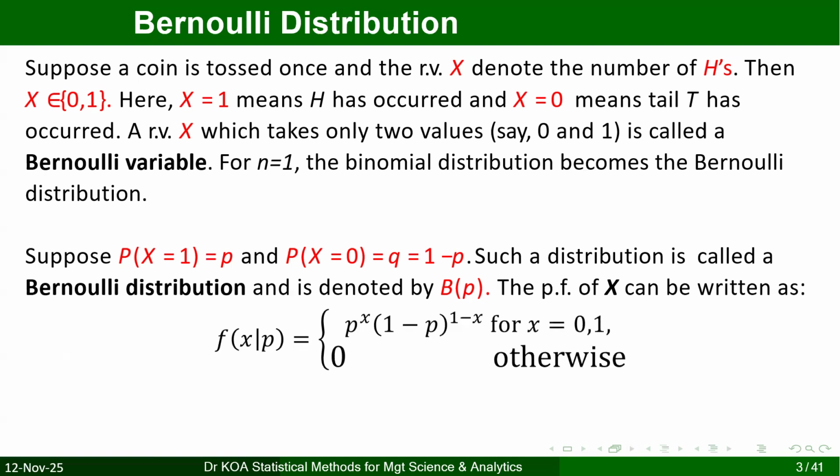Now, the probability function of any random variable for a Bernoulli trial or binomial is given as this, okay? Where you have the probability of occurrence and the probability of the non-occurrence.